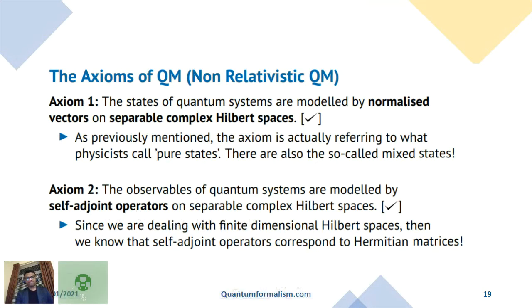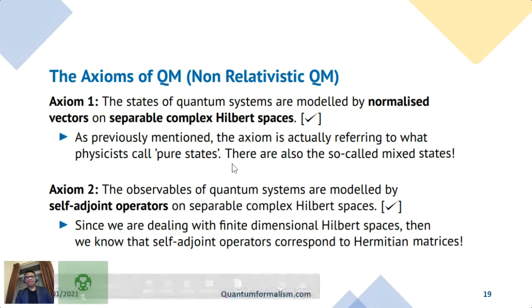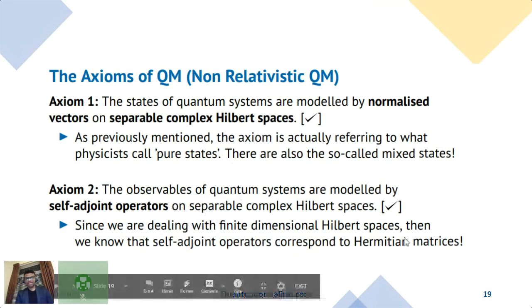But because we are working in finite dimensional Hilbert spaces, you remember the convention that we will call self-adjoint Hermitian. It means that in our case, when we have systems modeled with finite dimensional Hilbert spaces, the observables of the systems are encoded in Hermitian matrices.